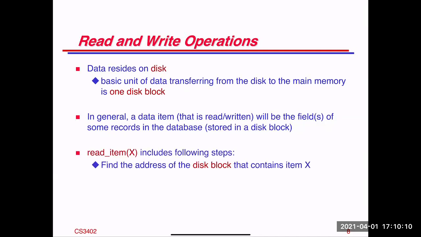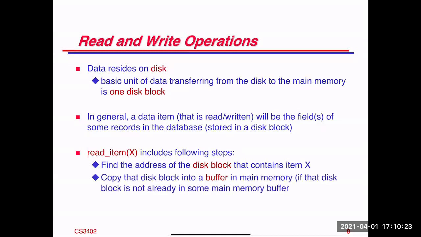So now that we clarified this, let's look at what read item X actually incurs. This requires us to find the address of the disk block that contains this item X. Once we have that address, we can copy that disk block into a buffer in the main memory. This is where the IO processor comes in.